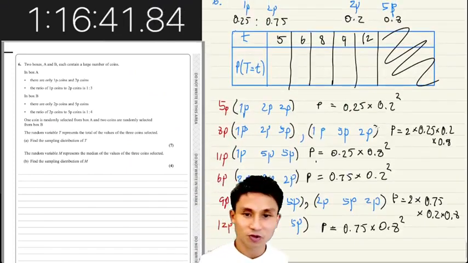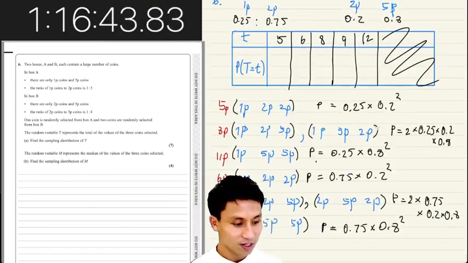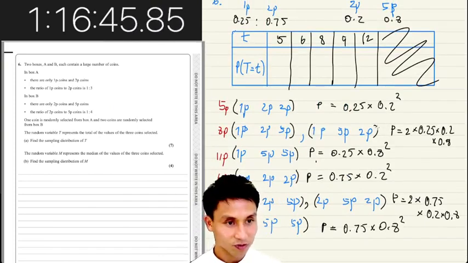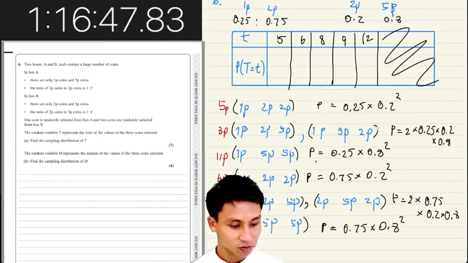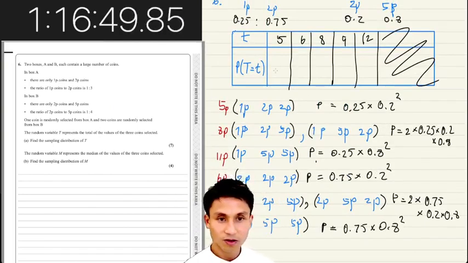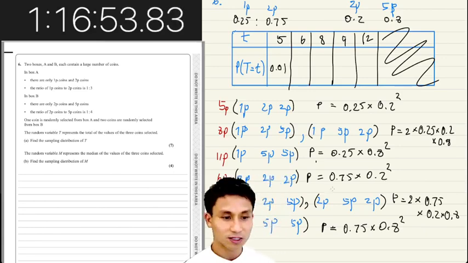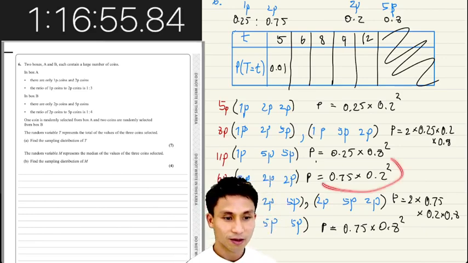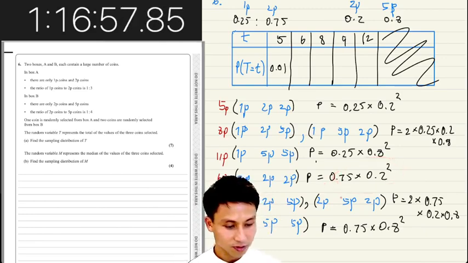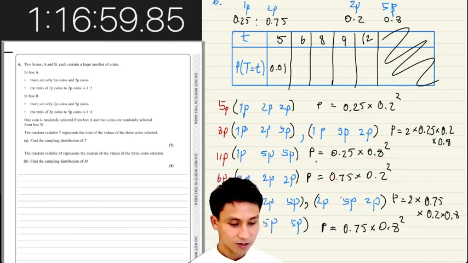Okay, and then let's put in the numbers. The 5 pence must be the top bit, so that's 0.25 times 0.2 squared. We get 0.01. 6 pence would be this guy right here. So that would be 0.75 times 0.2 squared.